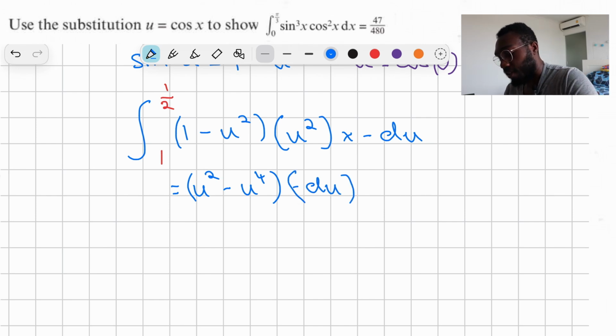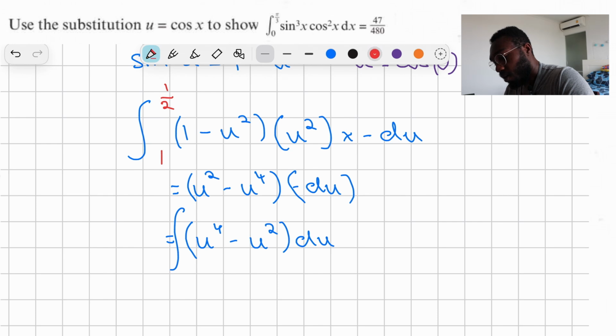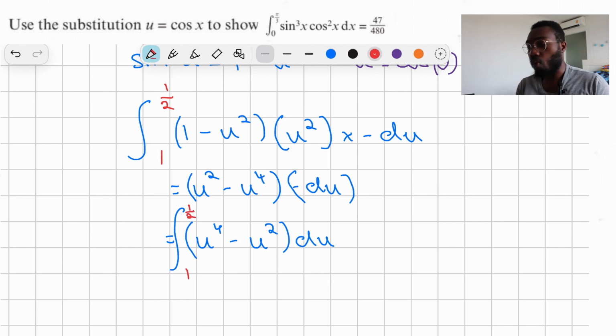But once you do that, what does that become? If I write it this way, you would get u to the 4 minus u squared du, and we know that is all over the interval of a half and 1.